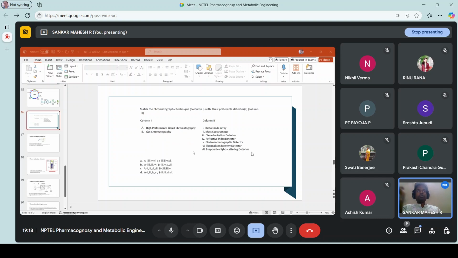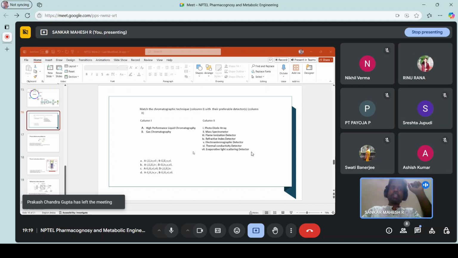Are we able to find what the detector is? Yeah, Renu Rana, you can unmute. Flame ionization detector. Yeah, do you know why it is only used for gas chromatography?